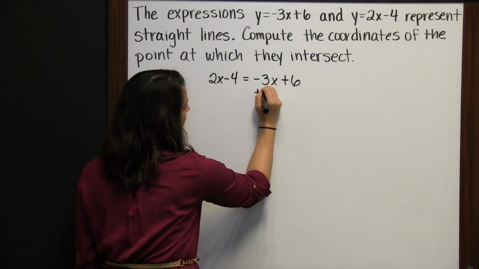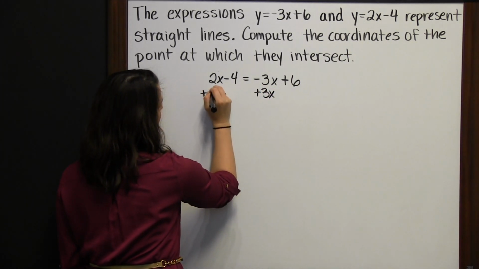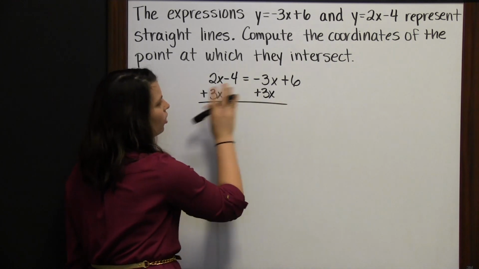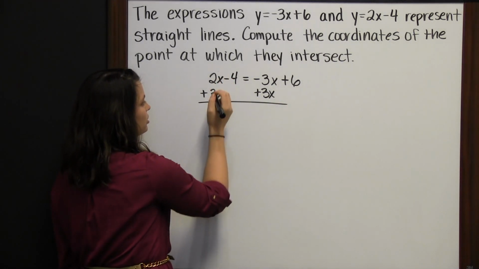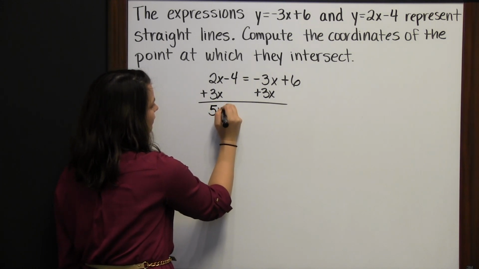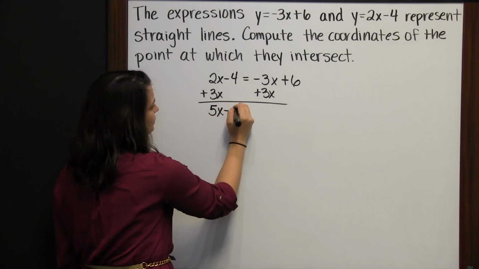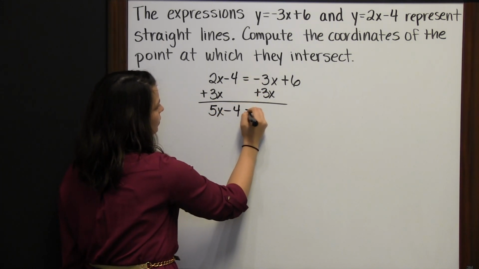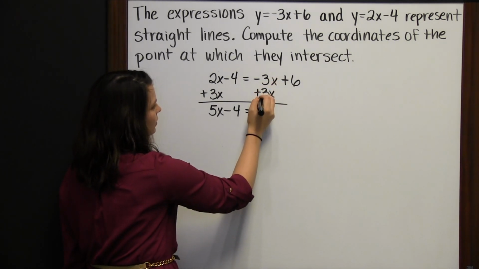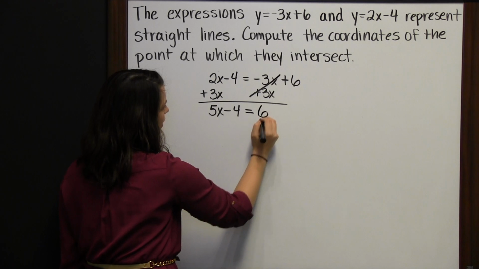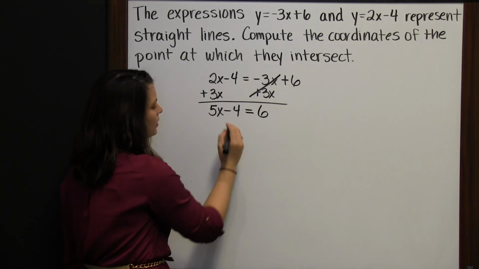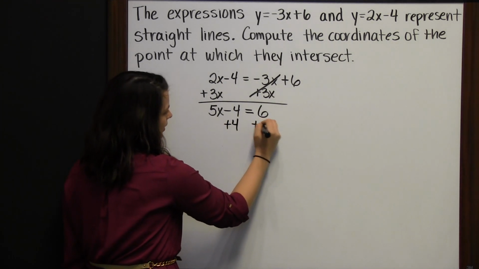First, I'll add 3x to both sides so that I can get all my x variables on one side of the equation. 2x plus 3x is 5x minus 4 equals negative 3x plus 3x cancels, and I'm left with 6 on the right side. Now we need to add 4 to both sides.